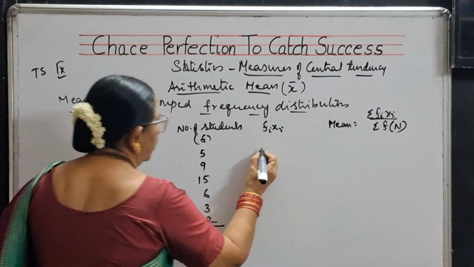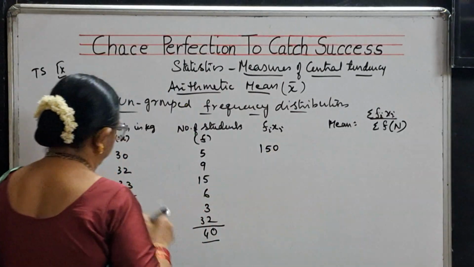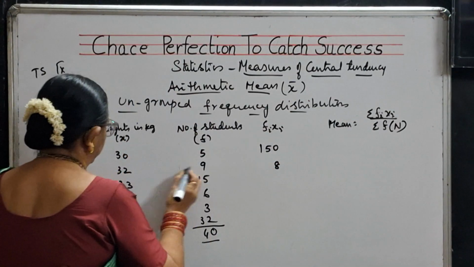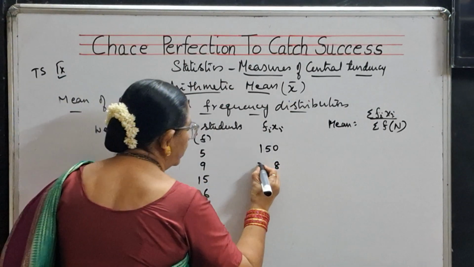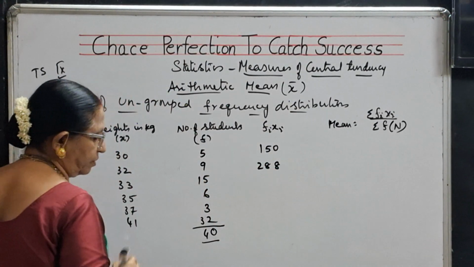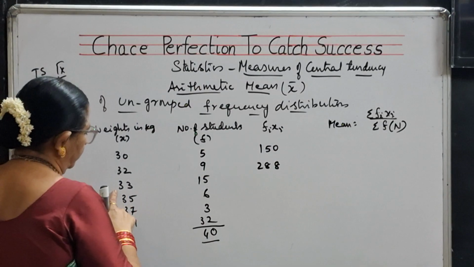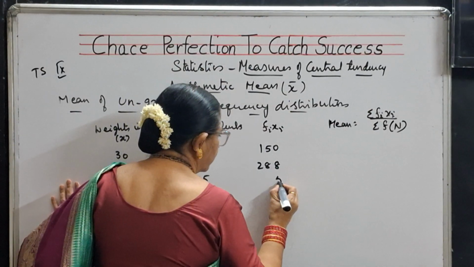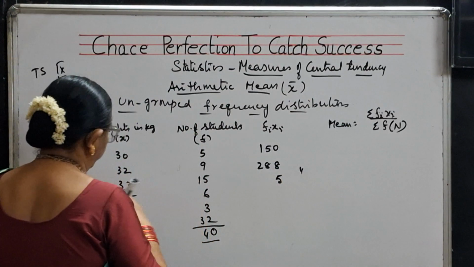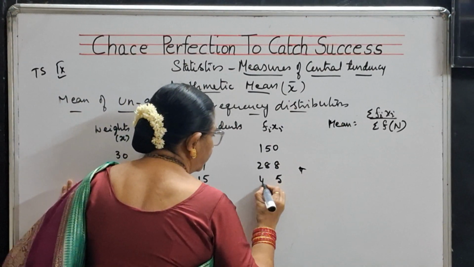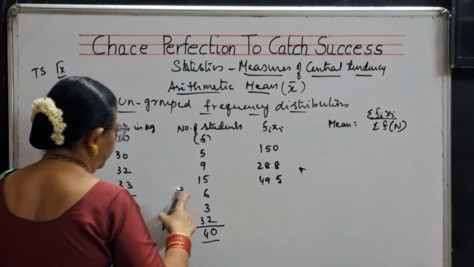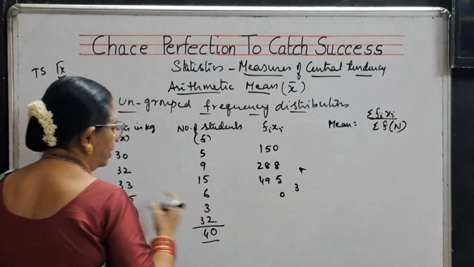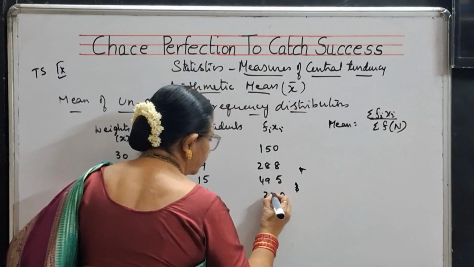30 into 5. How much? 150. 32 into 9. 9 twos are 18, 9 threes are 27, 1, 28. Next, 33 into 15. 15 threes are 45. Again, 15 threes are 45, for 49. 35 into 6, 6 fives are 30. 6 threes are 18, 21.